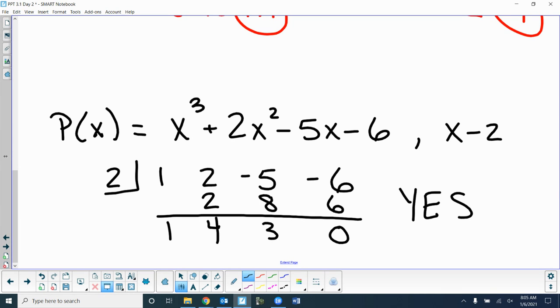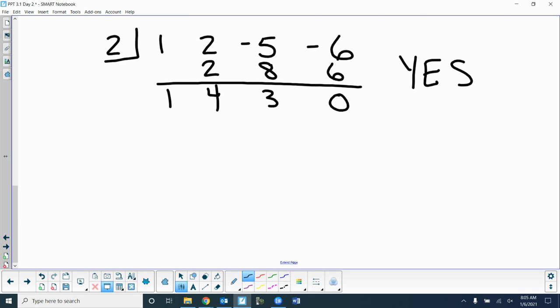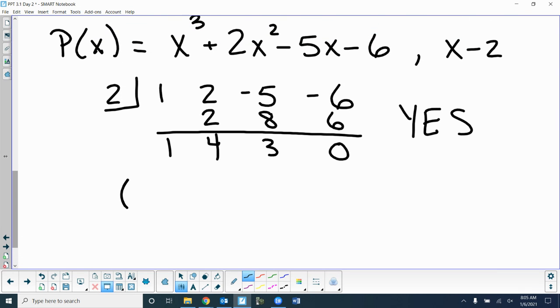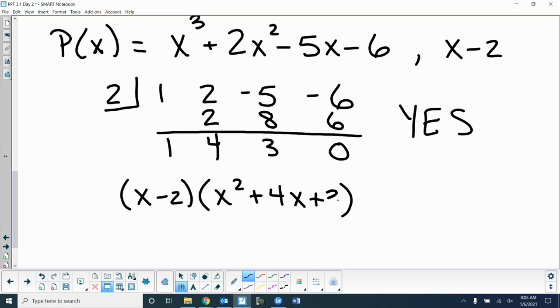So in this problem, we would write it as x minus 2 times whatever this is, all right? So if that was x cubed, what's this one? x squared, right? So it's just one extra step from the other two.